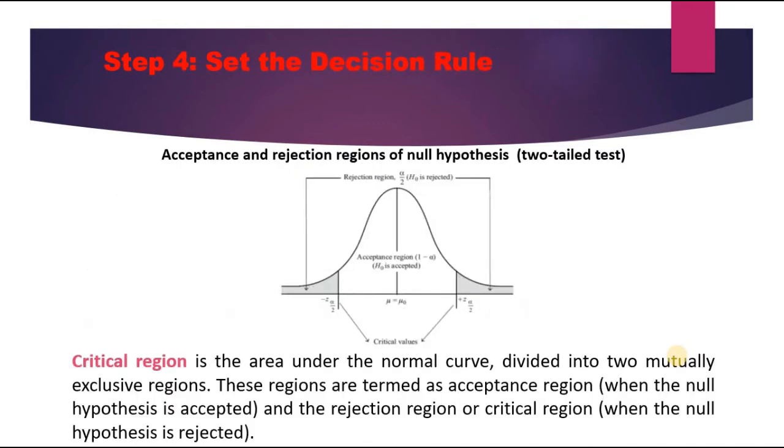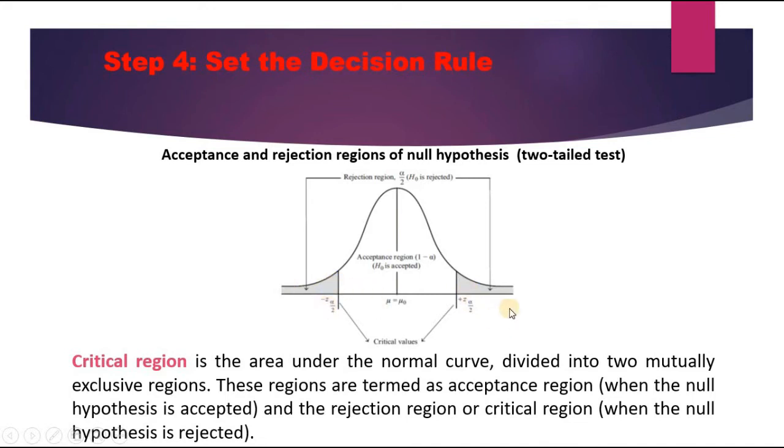Next, I'm trying to set my decision rule. What is the decision rule I'm trying to establish? If you can see in your distribution, this is a bell-shaped curve, and I'm defining my critical region. Let us say I'm taking a two-tailed test, where I'm testing on both regions.